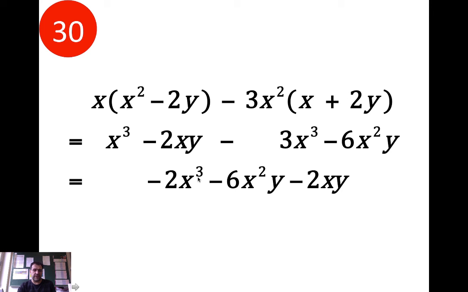So I've had x cubed, x squared, and then single x. So it's all right if you've got the individual terms in a different order, as long as you've got the minuses in front of them. So minus 2x cubed minus 6x squared y minus 2xy. The same thing but with the terms in a different order would be perfectly fine.